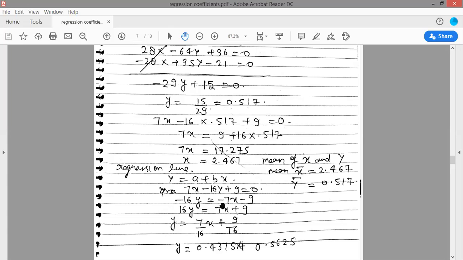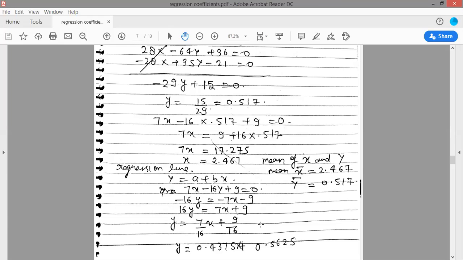That means you are writing your regression line in the form y is equal to a plus bx. So for y is equal to a plus bx, you have to divide your whole equation by minus 16. So y is equal to 7x upon 16 plus 9 upon 16, right?